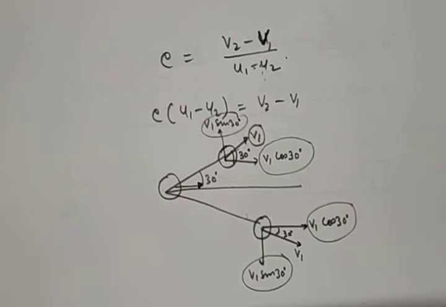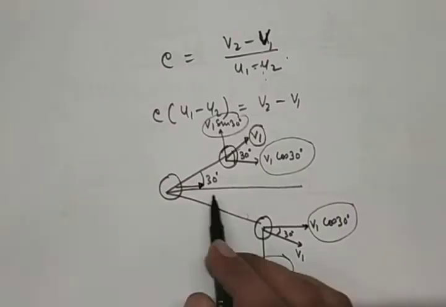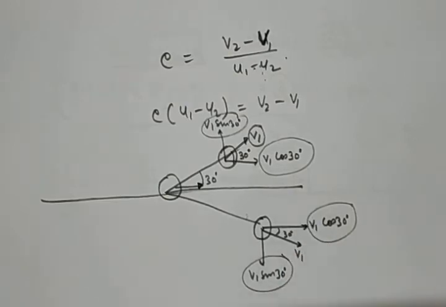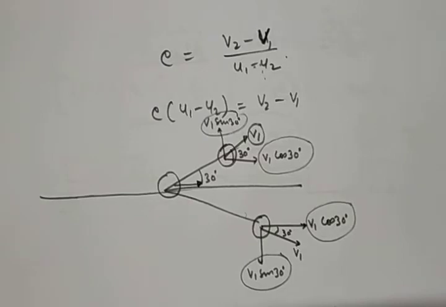So let me apply the conservation of momentum along this x direction, along the line of impact. The momentum is conserved along the x direction.